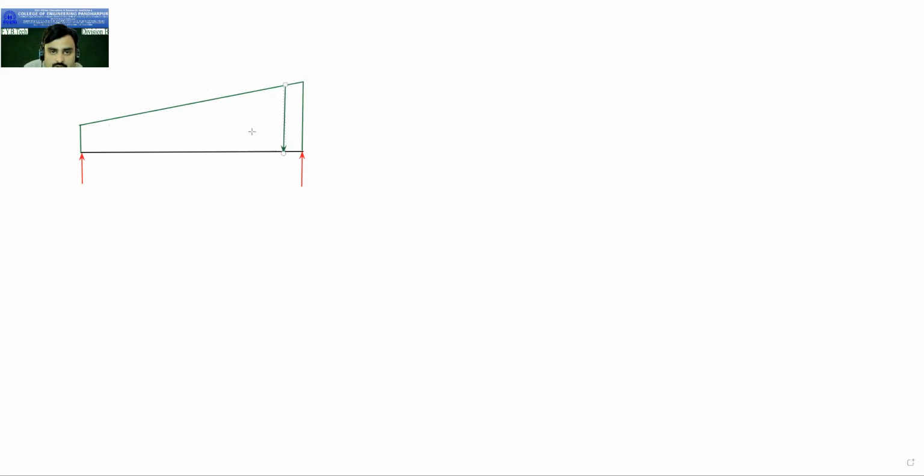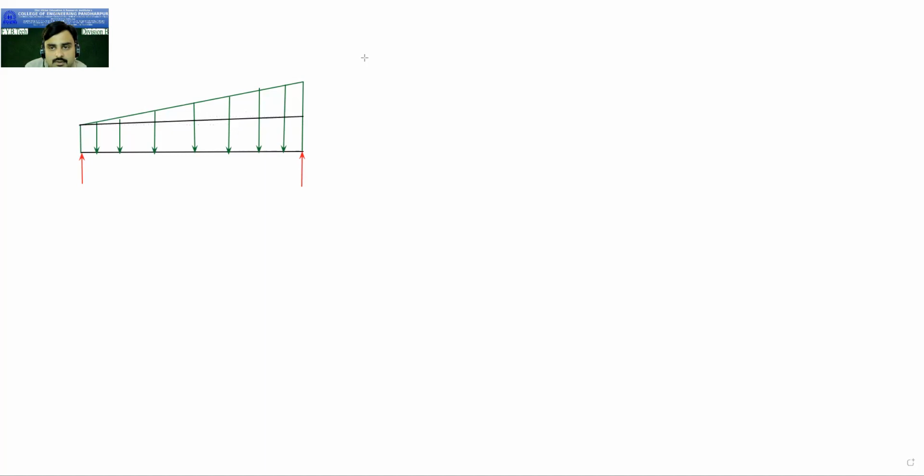Okay, so this type of loading is given to us. Now what we have done in this, we have dropped one perpendicular from this point up to here, and we divided this load into UDL and UVL.